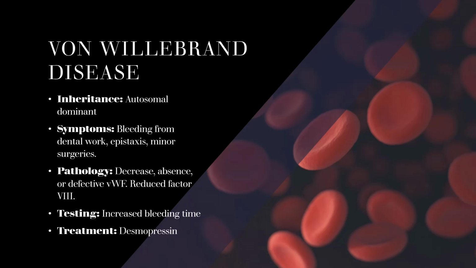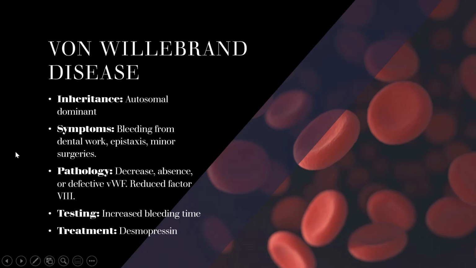So with von Willebrand, you're going to see bleeding from dental work, epistaxis, or nosebleeds, and some minor surgeries, or maybe if your patient gets an IV, you just notice that it oozes and oozes and oozes. These people bruise easily as well, and they have heavy menses if they're female.